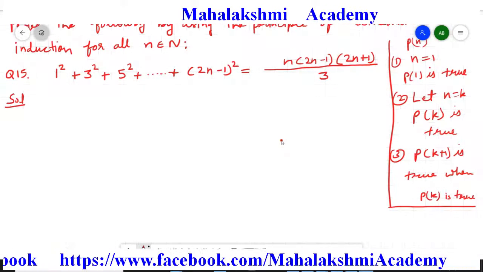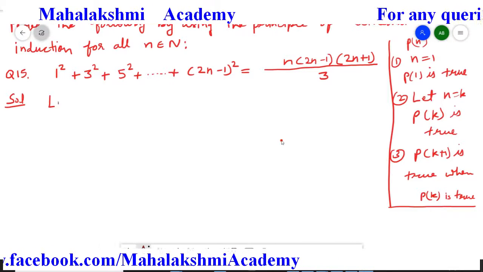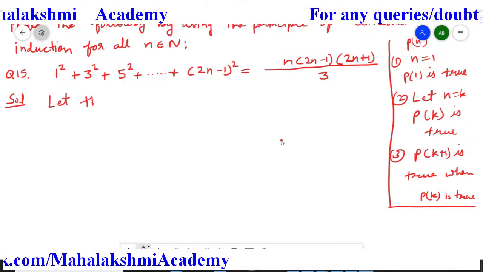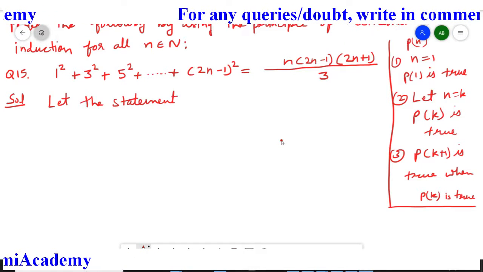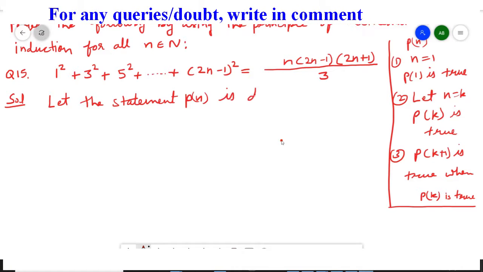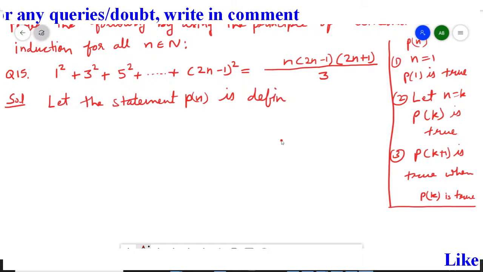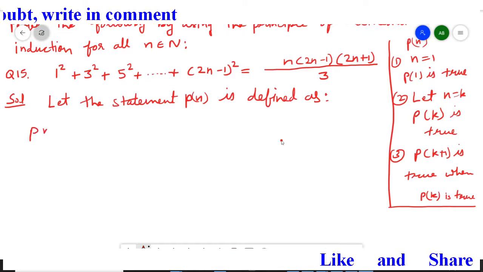So what is the first thing? We have to assume the statement as Pn. So we will write here, let the statement Pn be defined as, so we have to define the Pn statement.